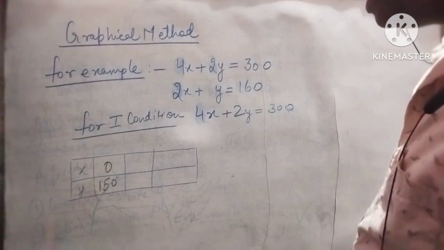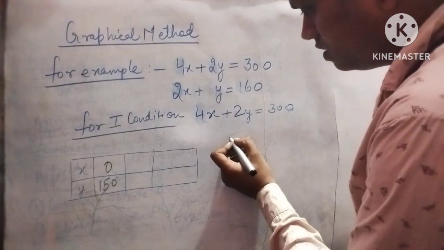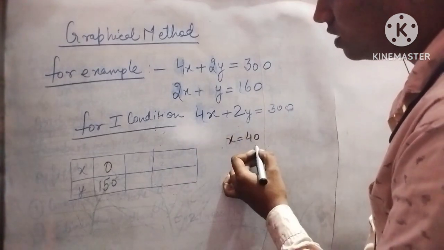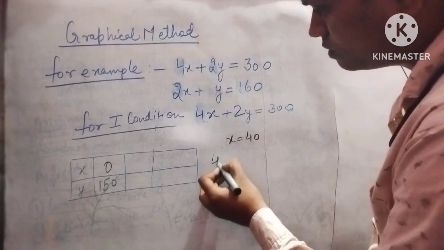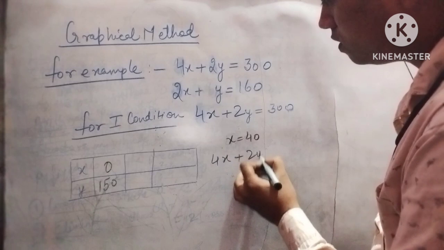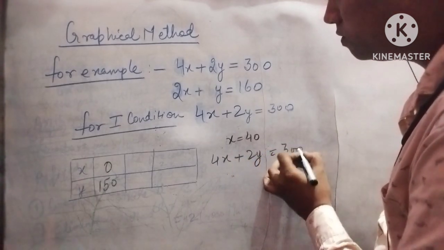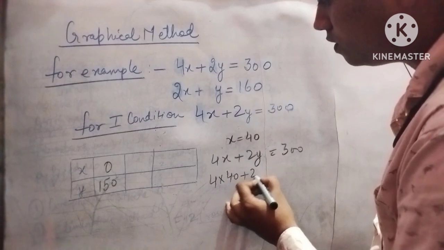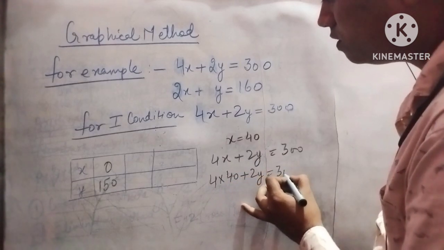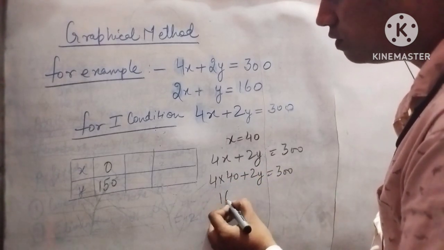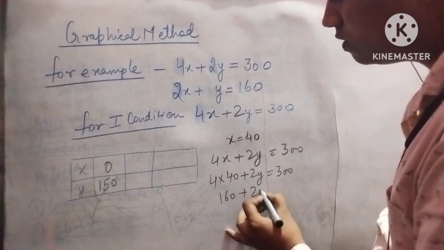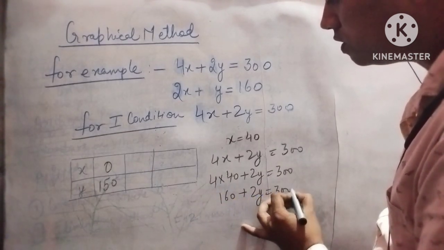Now if we are taking the value of x as 40, so x equals to 40, so we are putting the value of x equals to 40 in 4x plus 2y equals to 300. So then 4 into 40 plus 2y equals to 300. 4 into 40 is 160, because 4 4s are 16, plus 2y equals to 300.